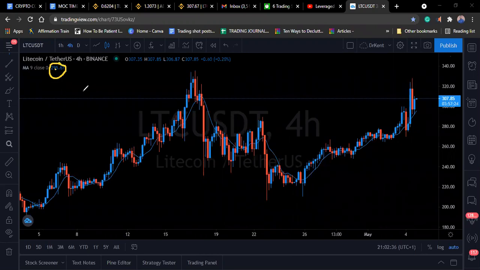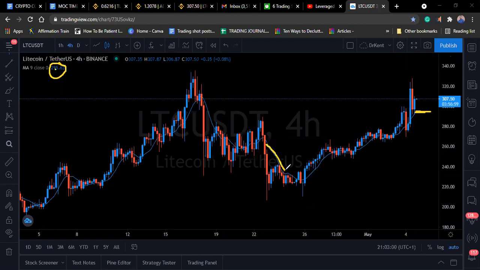This is 295. What it means is that this moving average, which is this blue line, is currently at 295. It means that if you add all the previous 9 candles together and divide it by 9, the slope currently is at 295. So that is how you came about this line.